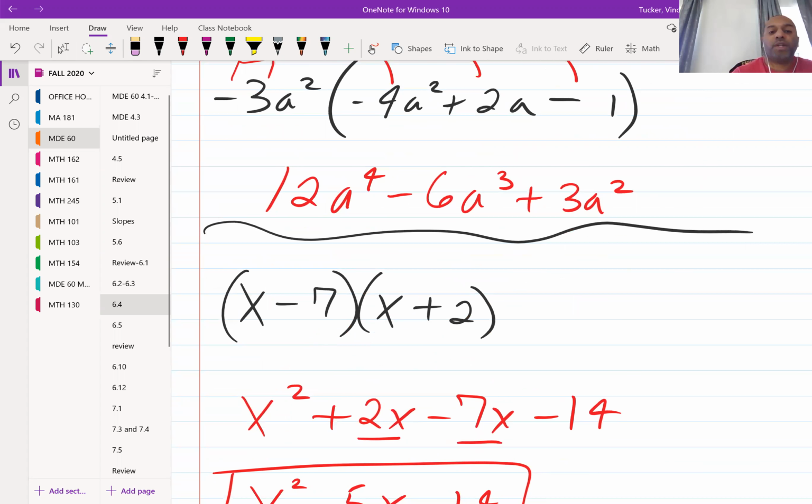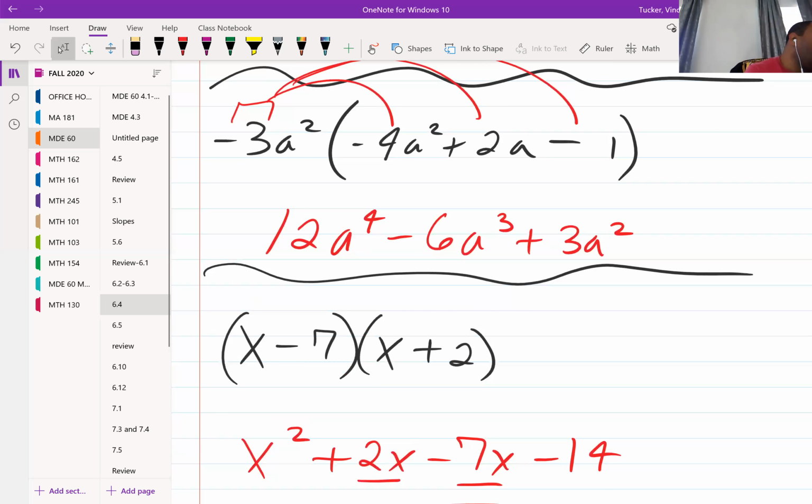All right, so here we have a binomial distribution. We're multiplying two binomials. So we have x minus 7 times x plus 2. We'll take x times x, which gives us x squared. X times 2 is 2x.